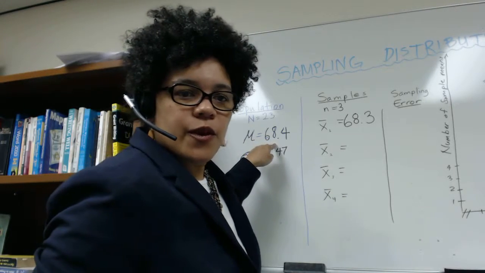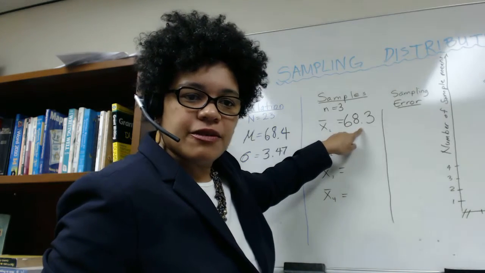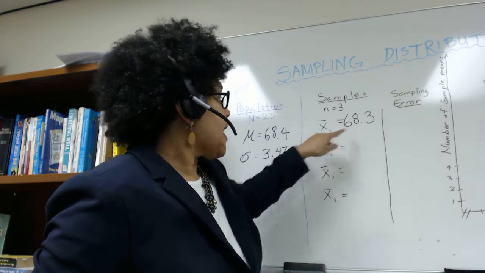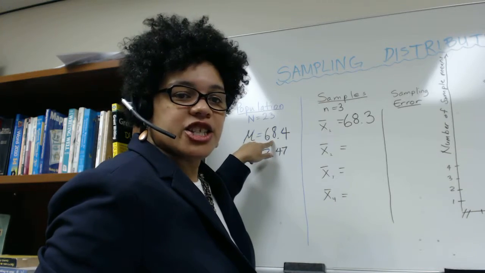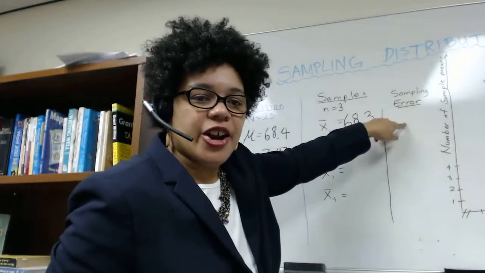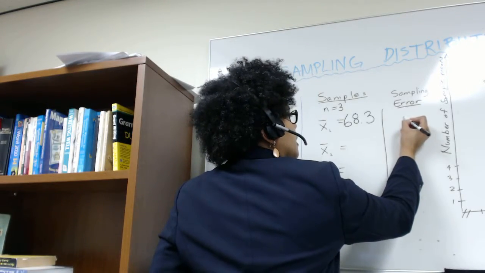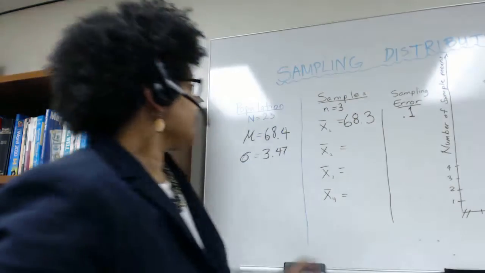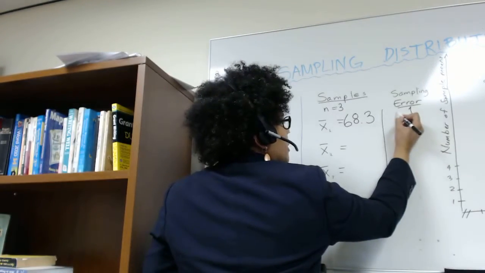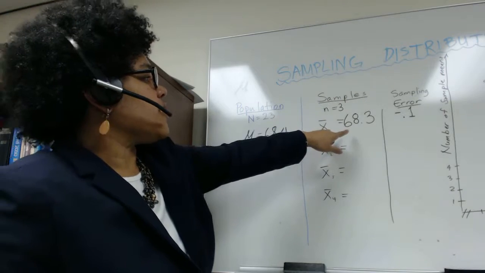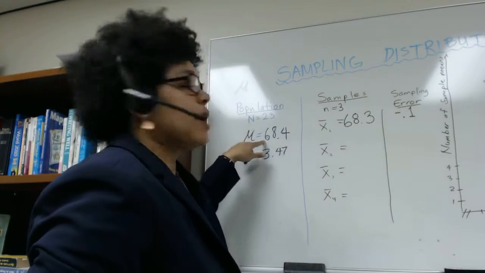So 68.4 was our population mean. The mean of our sample is not that far off. It's 68.3. There is a difference between the mean of our sample and the mean of our population, and that difference is the sampling error. That is 0.1, and I'm going to put it as negative 0.1, the difference between our sample mean and our population mean.